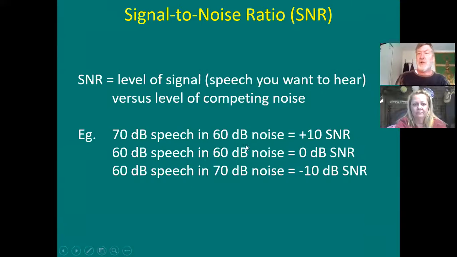If the speech is louder than the noise, you got a plus 10, if it's 70 versus 60. If it's even Steven, you've got a 0 dB signal-to-noise ratio. And if you got 60 speech and 70 noise, you got a minus 10. Obviously, the top one's easy, the middle one is hard, and the bottom one's almost impossible.